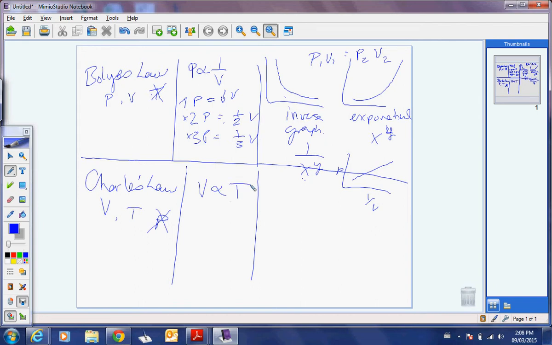So that means if I increase the temperature, what happens to the volume? I increase the volume. And if I decrease the temperature, what happens to the volume? It decreases the volume. Does that make sense? In your everyday life?